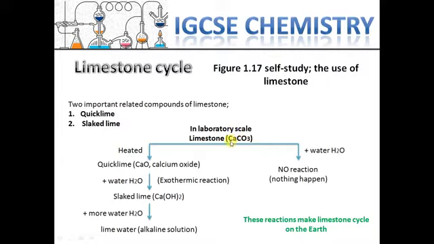The combination of calcium and carbonate gives us limestone. As I said, it is available a lot in molten rock from the volcanoes. If we have limestone and we add water, nothing happens. There is no reaction.